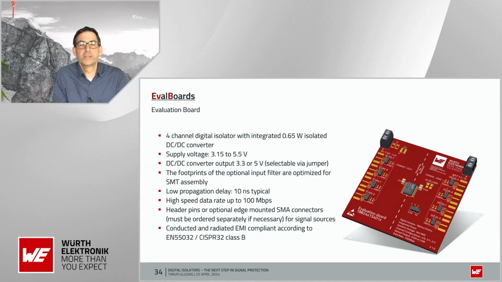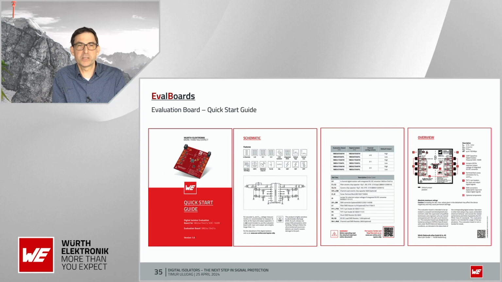In addition to this board, you will receive a quick start guide and also a document that guides you through all the things that you can do and that you should not do with the board in general. The quick start guide shows you, first of all, the schematic of the board.